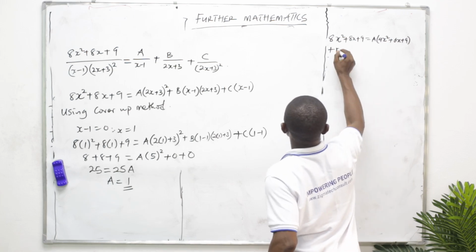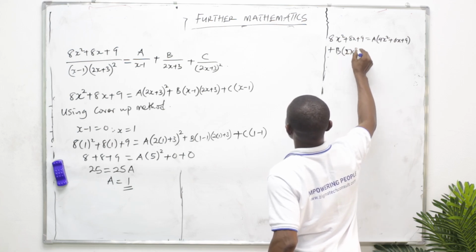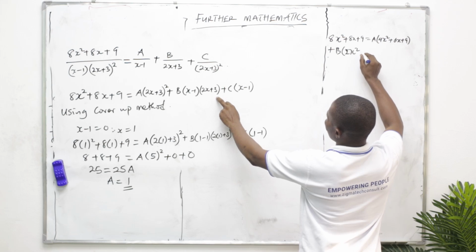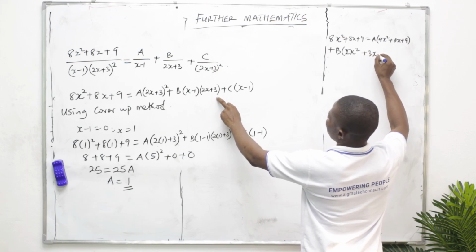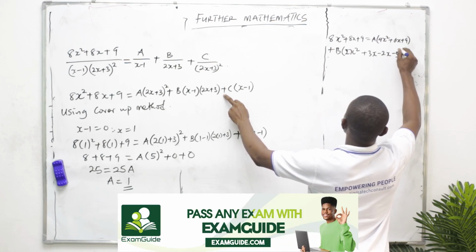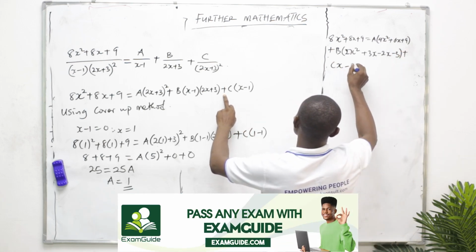Okay, that's b into 2s squared plus 3s minus 2s minus 3, plus cs minus c.